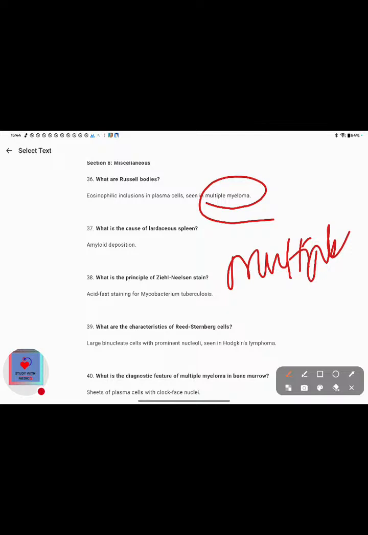Presence of too many eosinophils in the body is called eosinophilia. The causes are allergies. Okay.